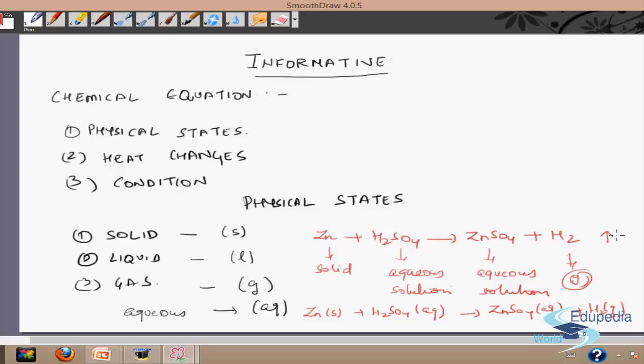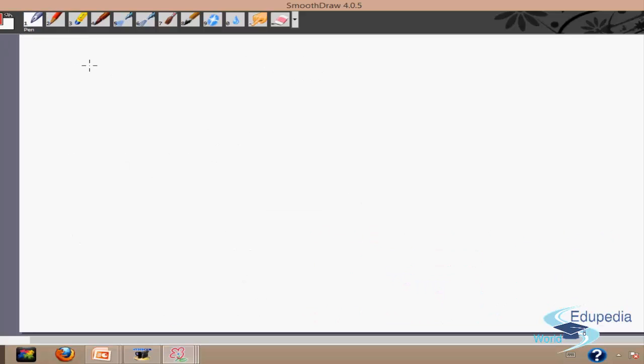Or an arrow pointing downwards is used to indicate an insoluble product or precipitate in an equation. Let's take an example of downwards. I'm taking here calcium hydroxide, that is lime water. This is an aqueous solution.